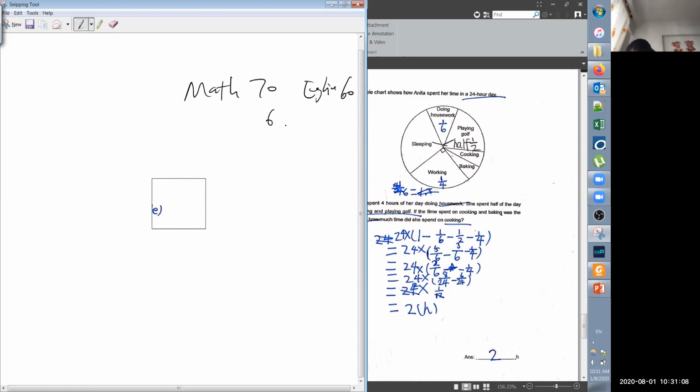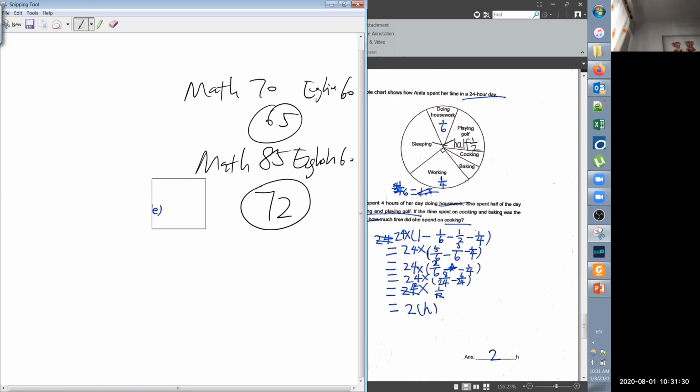The average is 65. But if your math is 85 and your English is the same 60, what's the average here? Can you help me out? 72.5.